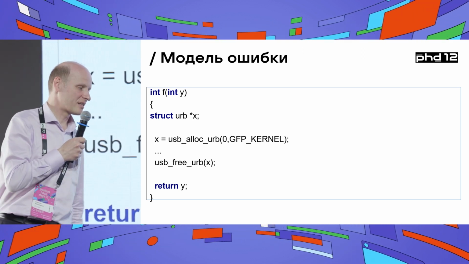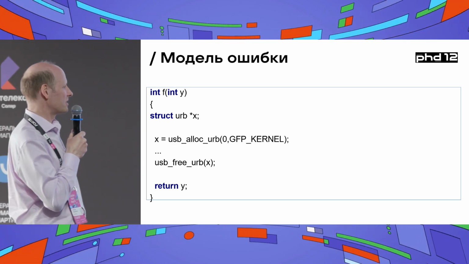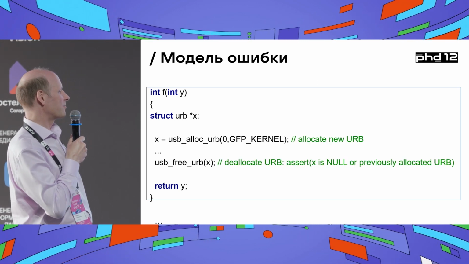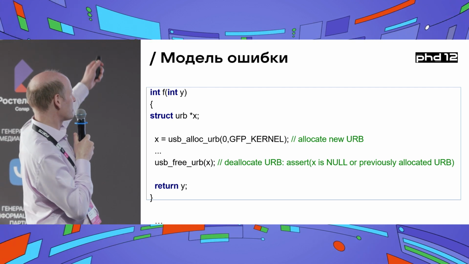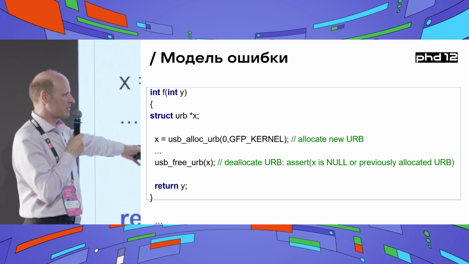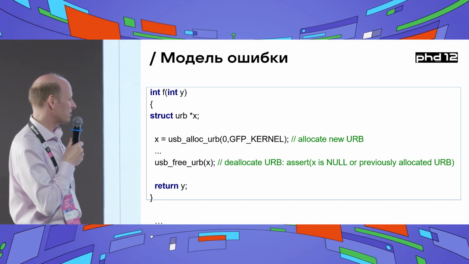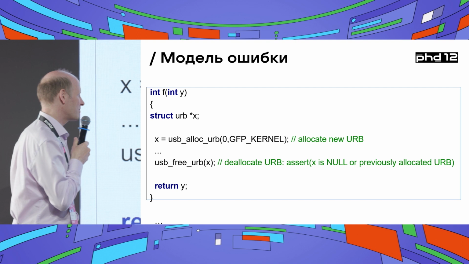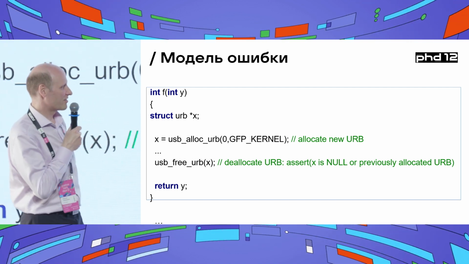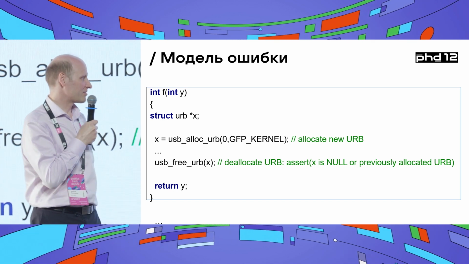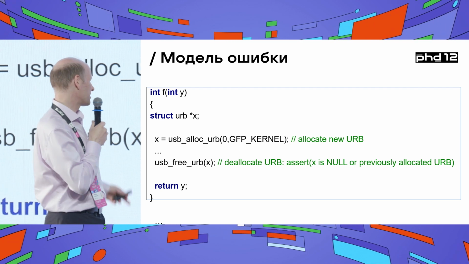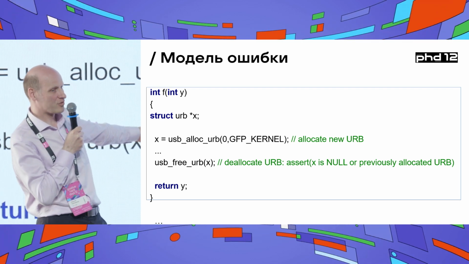Very often we have incorrect usage of the API, but it cannot be checked. What we would like to have here, for example, is code that calls a certain function, allocation and deallocation of URB, and we would like to support information about resources allocated, URB in this case.